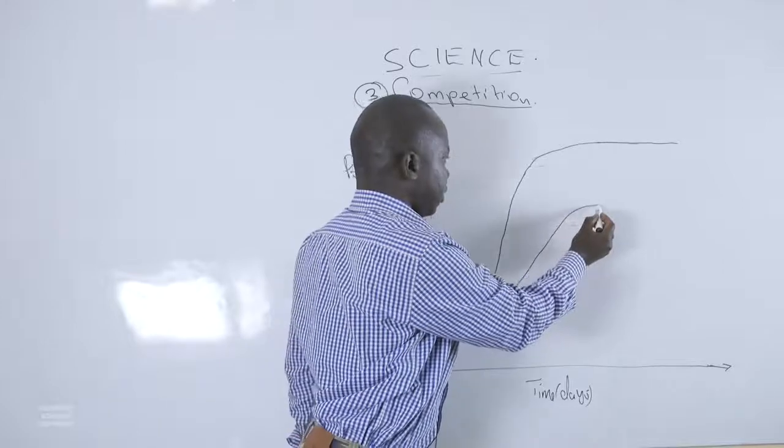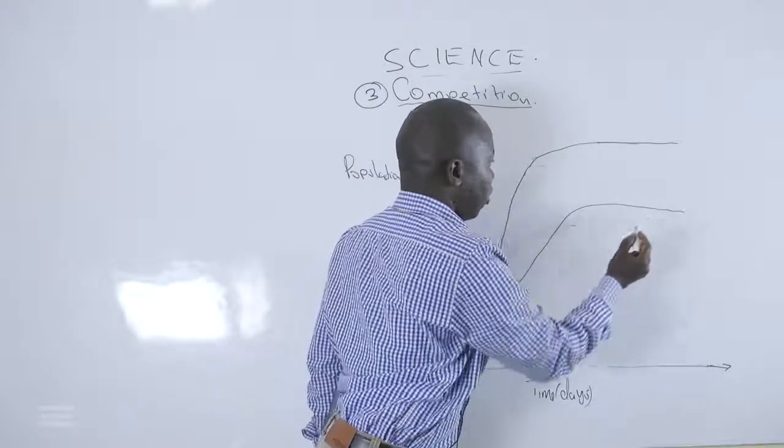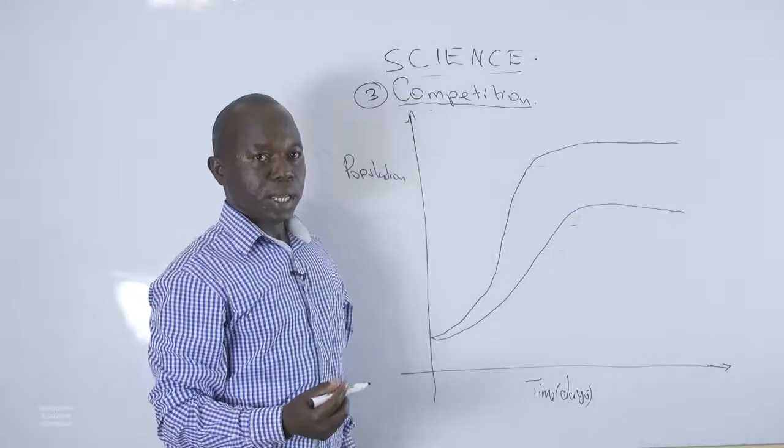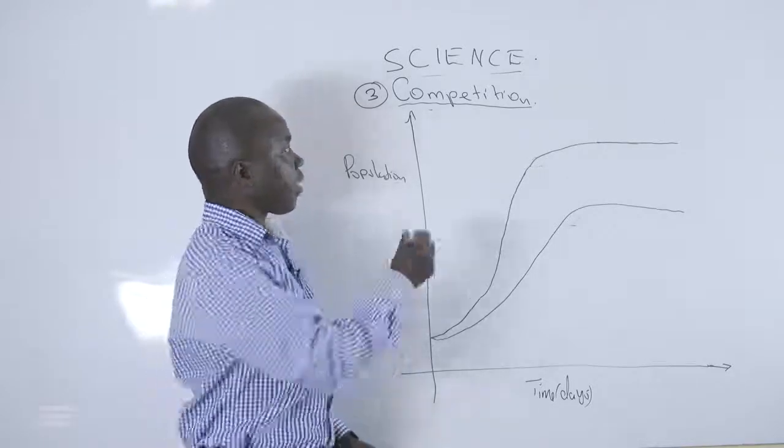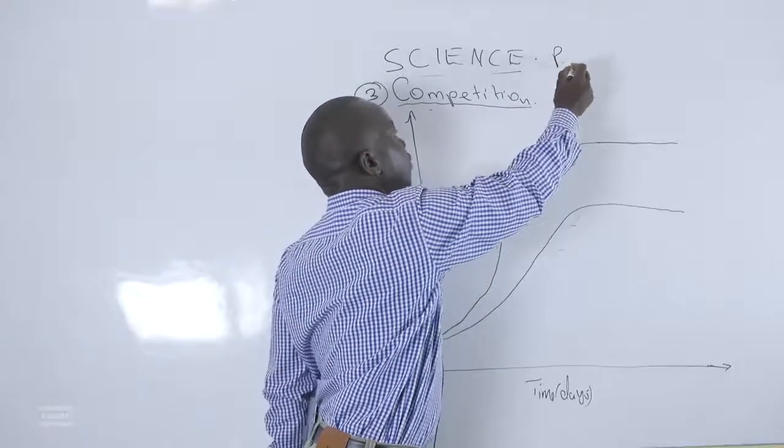The two graphs, one will be lower and the other one will be higher. But now we have two species.